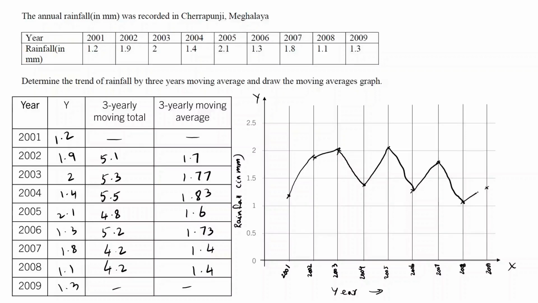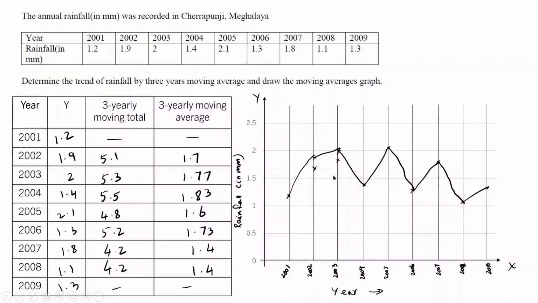And after this, we have to plot the points for 3-yearly moving average. We don't have any data for 2001, so we have to start with 2002. For 2002, it is 1.7, somewhere here. And then for 2003, it is 1.77, somewhere here.